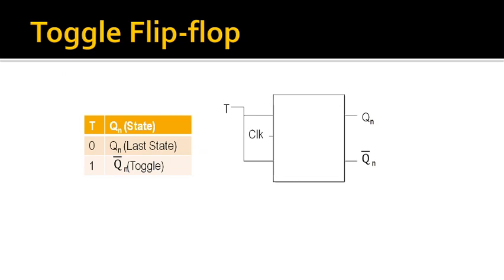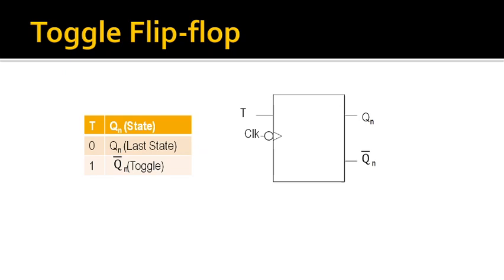It has only one input, that is T, and if it is provided zero signal, meaning no signal is provided to it, it will retain the old state, and whenever it is provided a high signal, it will toggle the state. And similarly we can have positive edge triggering or negative edge triggering at the clock signal also.